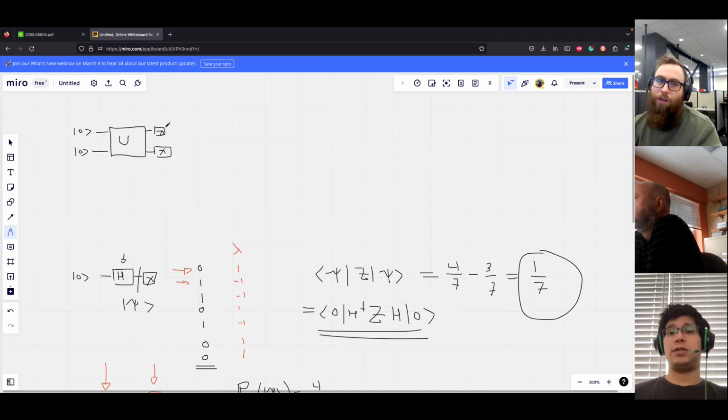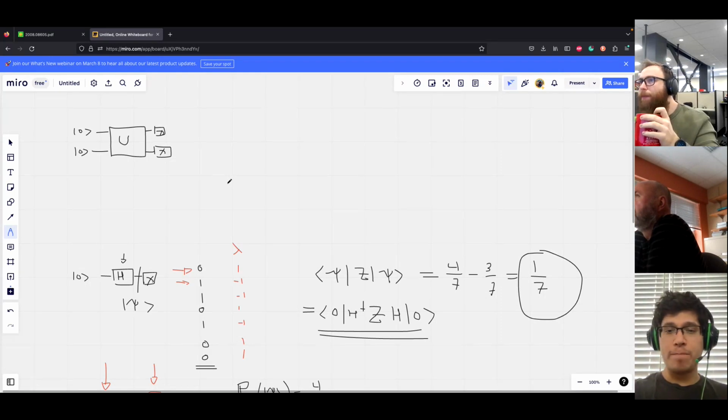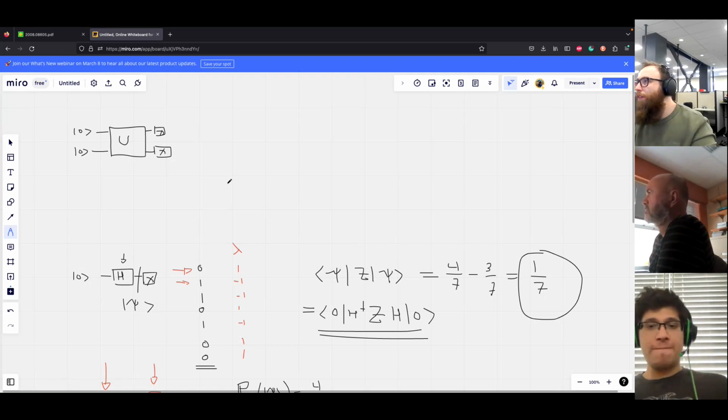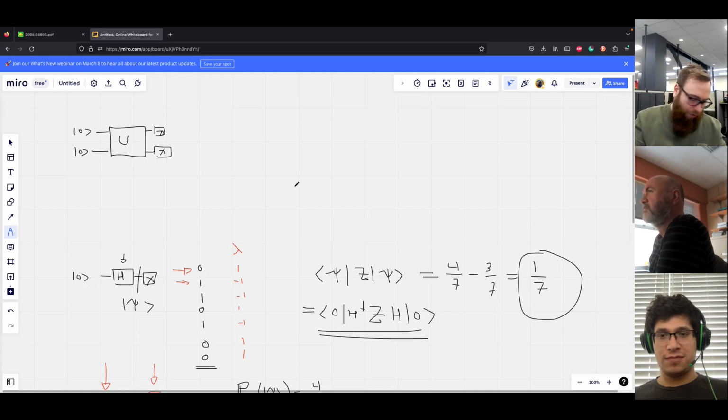What are the possible answers from measuring 2 qubits? No one? Two possibilities, like it could be a 0, 0 or a 1, 1.